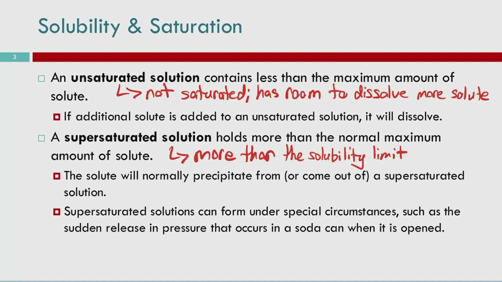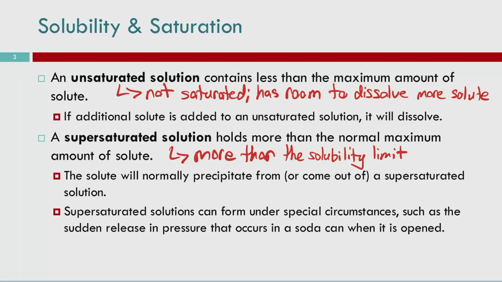And because it's more than the solubility limit, supersaturated solutions will normally precipitate. So you'll have a solid that forms. Just leave them out at room temperature and they'll form crystals, or cool them down and they'll form crystals. Get rid of some of the solvent and they'll form crystals.